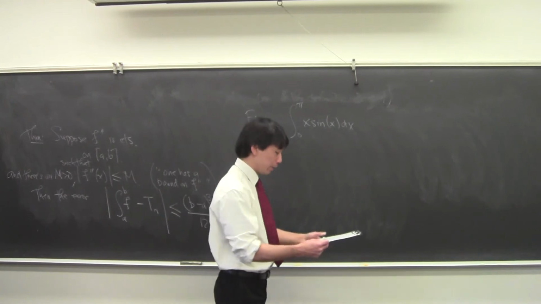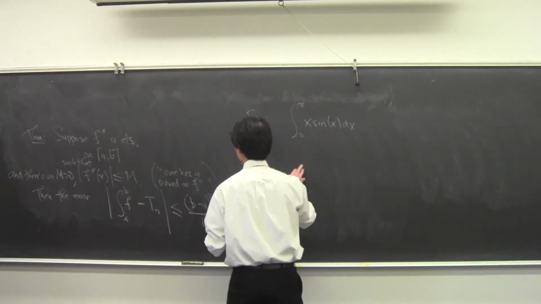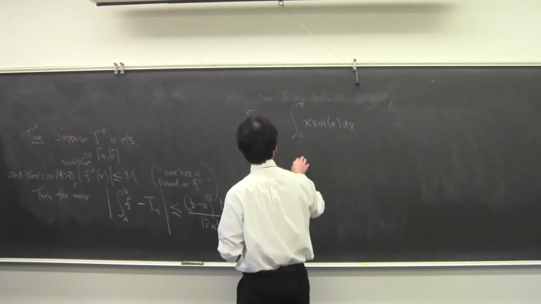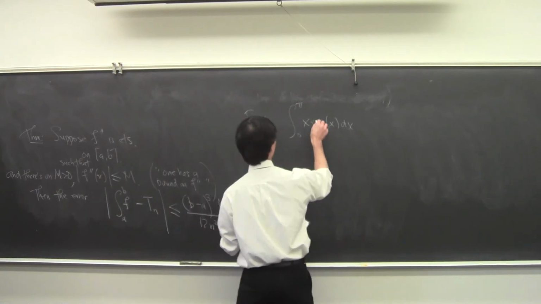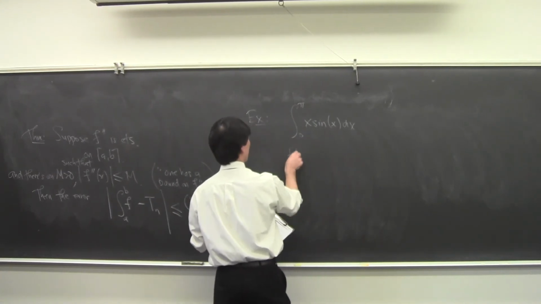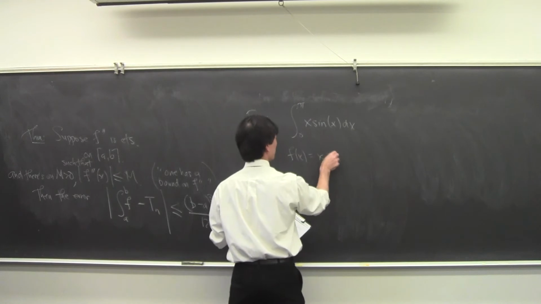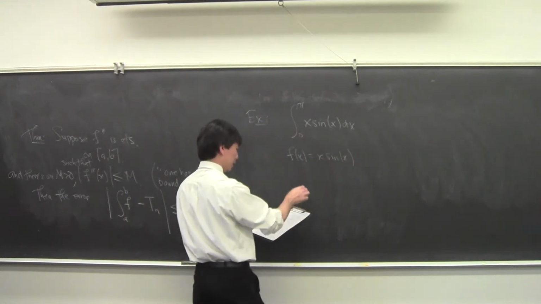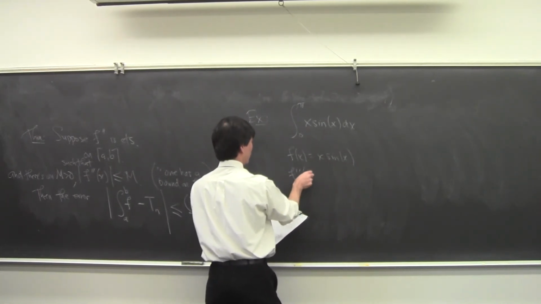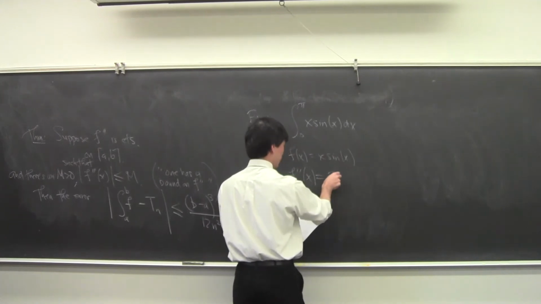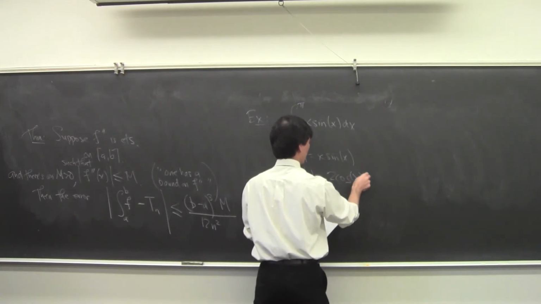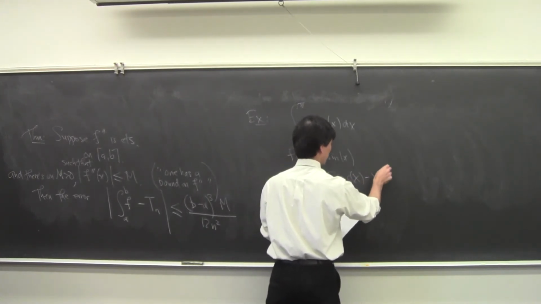How bad is the error? So you'd say, well, this is my function here. f of x is x sine x, right? f double prime of x is 2 cosine x minus x sine x.